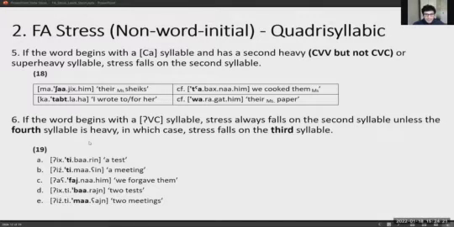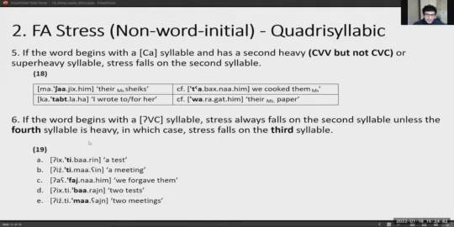So if you contrast the examples here, the ones with the dual marker and the ones without the dual marker, you'd say اختباراً with stress on the second CV syllable, but you would say اختبارين, so stress would be on the third syllable with the long vowel.